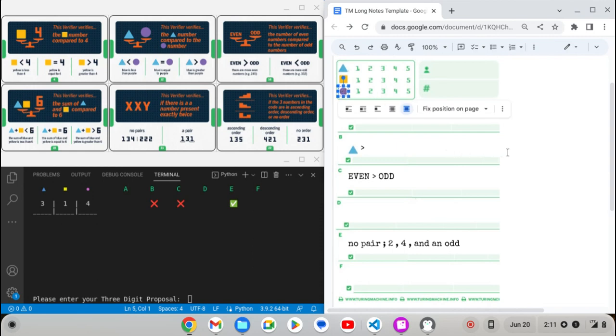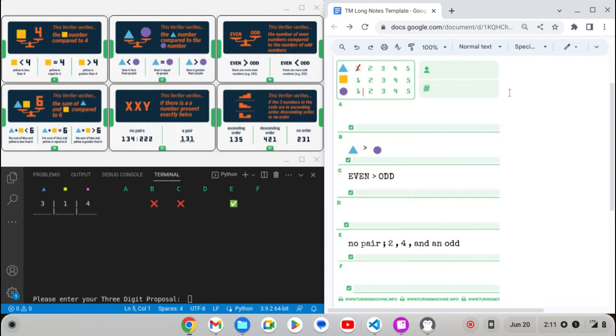And I think we'll be able to eliminate something. All right, so if triangle is greater than circle, then I think triangle can't be 1, because if triangle were 1, there's nothing smaller than 1. So triangle can't be 1.